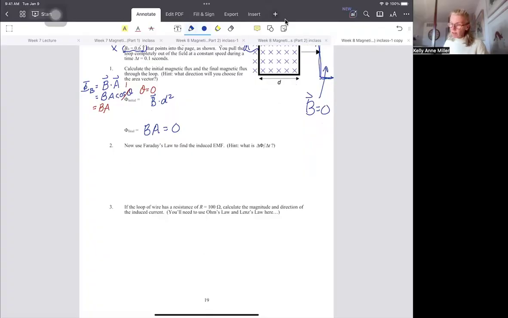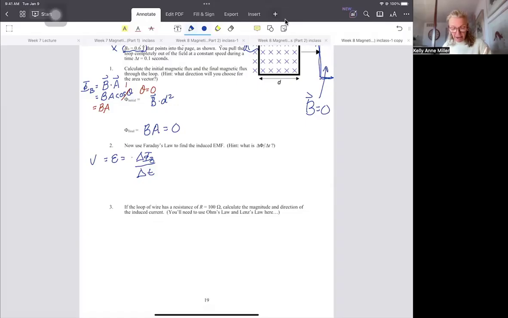Now we're going to use Faraday's law to find the induced EMF. This is pretty straightforward because Faraday's law just says that the change in magnetic flux over time is equal to the induced EMF, or the voltage.